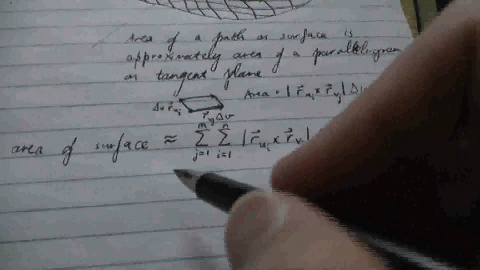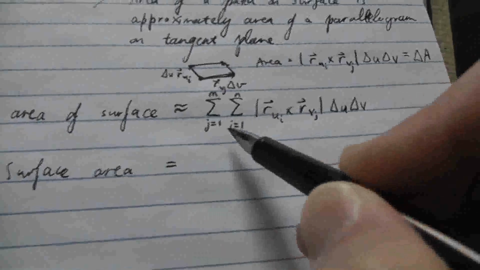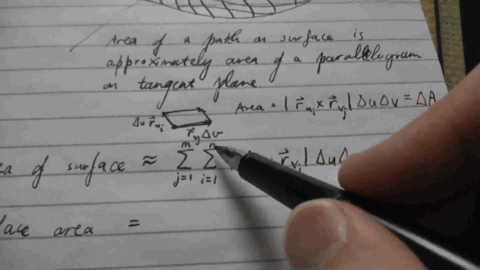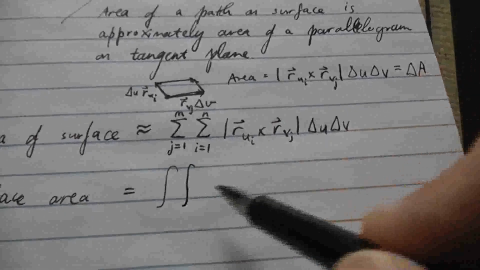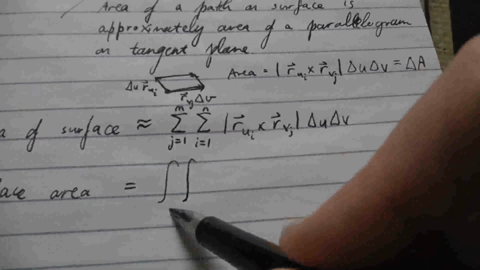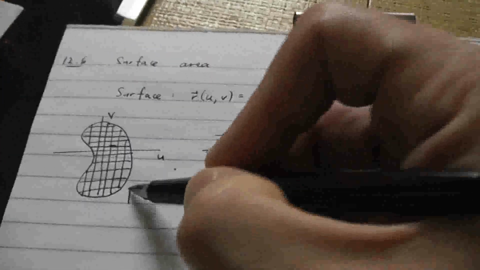And as we know, to get the actual area, we take a limit as m and n get very, very large, infinitely large, and then each sum becomes an integral. This is over some region D in the uv plane.